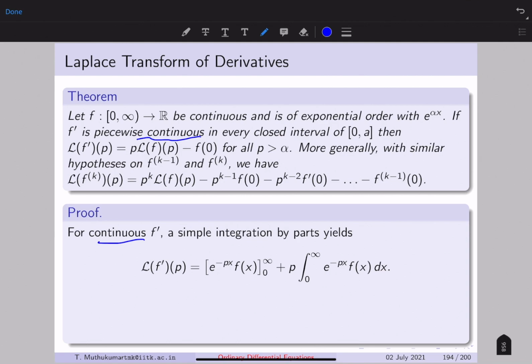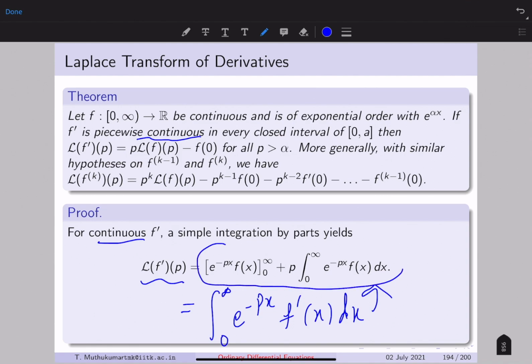By definition, the Laplace transform of f prime at p is the integral from 0 to infinity of e to the minus px times f prime of x dx. Now you apply integration by parts to this integral, and it becomes this expression. This is what you get by integration by parts.